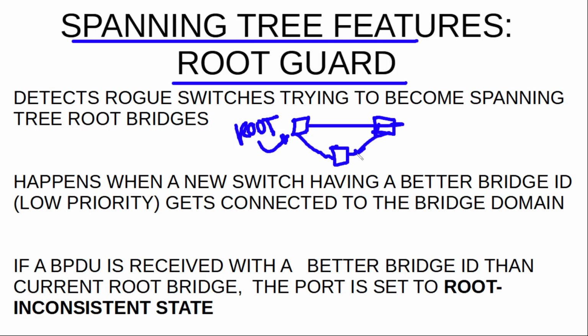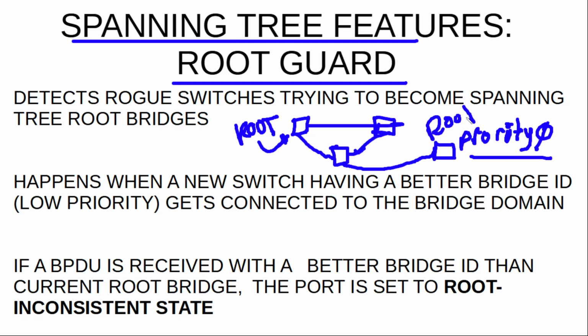But what happens if a user connects a switch that happens to have a priority set to 0? Then, given this switch has priority 0, it will try to become the root of your spanning tree topology. This will wreak havoc in your network because now all traffic will try to go through this switch.